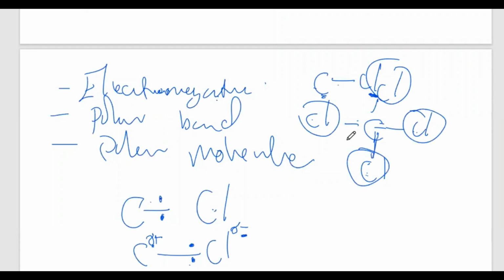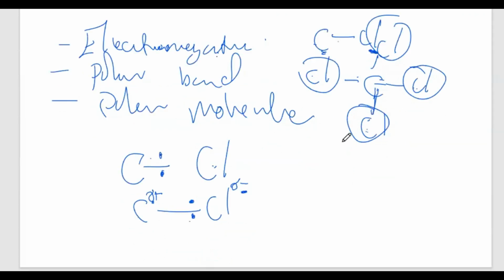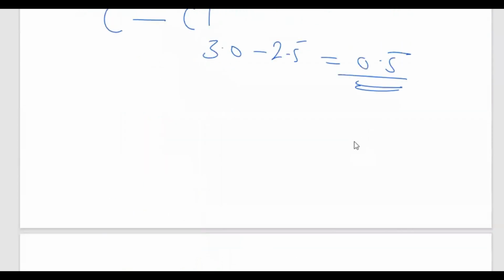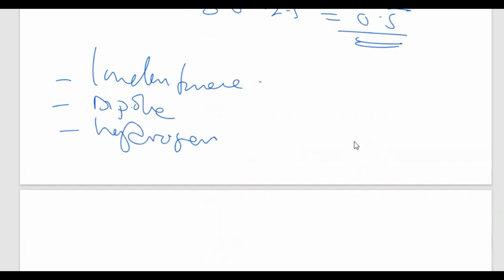Now the types of forces: van der Waals forces, then London force. The van der Waals forces include the dipole, London force, hydrogen bond, and ion-dipole. Let me just generalize: you have London force, you have dipole, you have hydrogen bond.